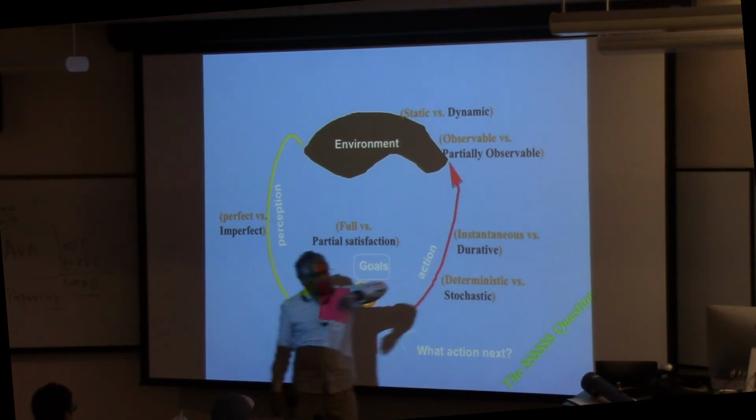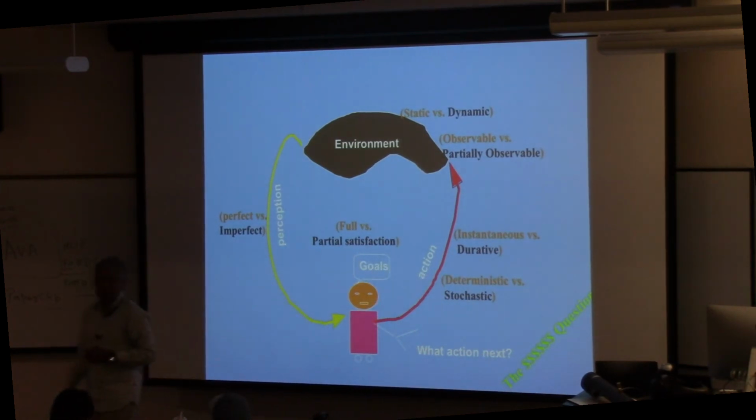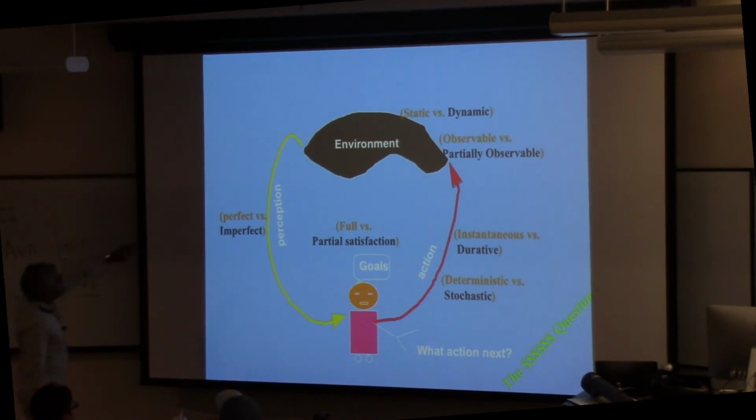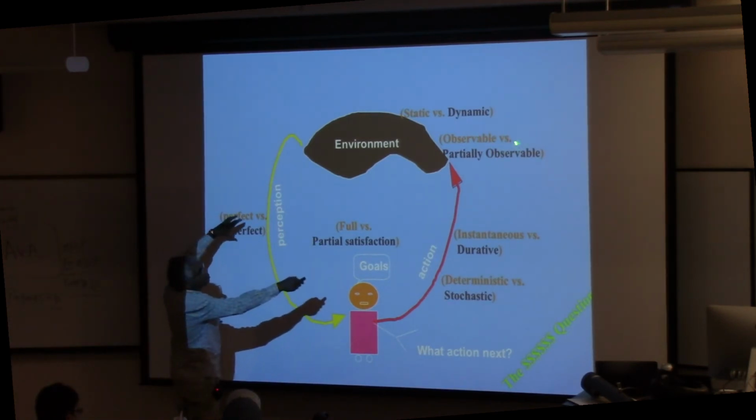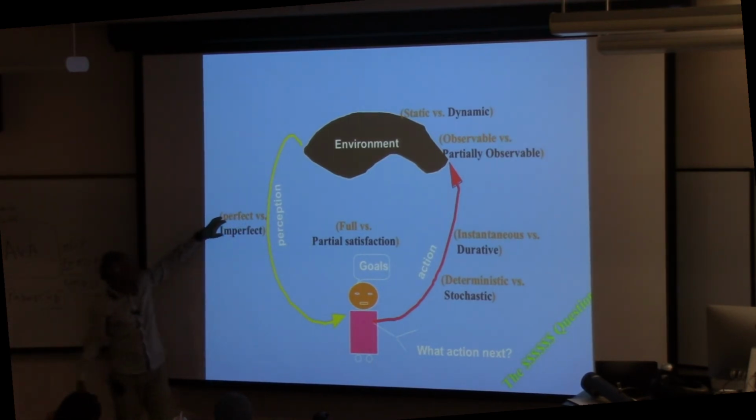Observable versus partially observable. That's the other distinction. Okay? Is the environment state observable to you or not? And it actually is connected to some extent, observable versus partially observable is connected to perfect versus imperfect sensors.